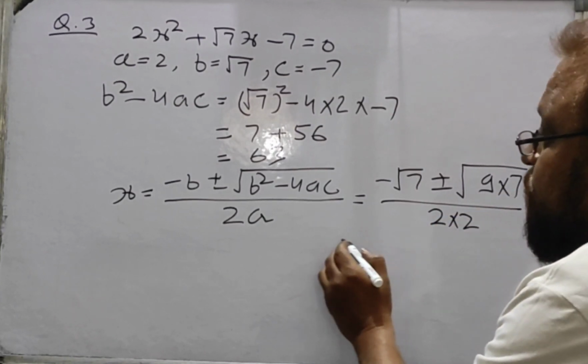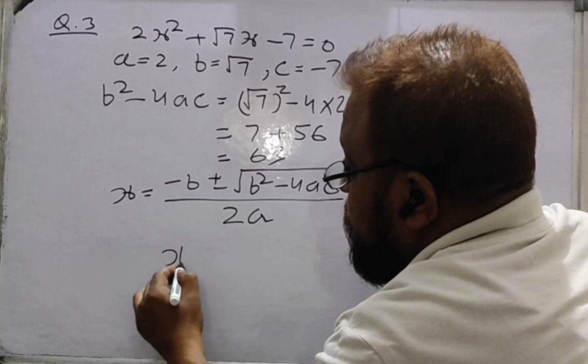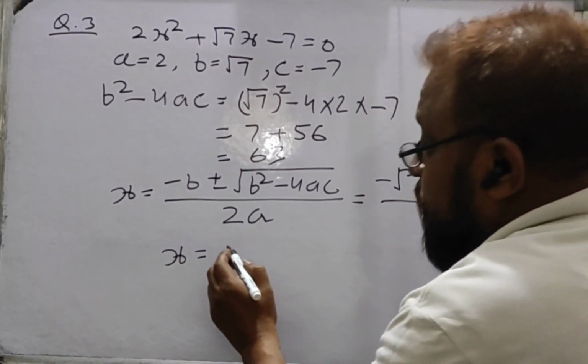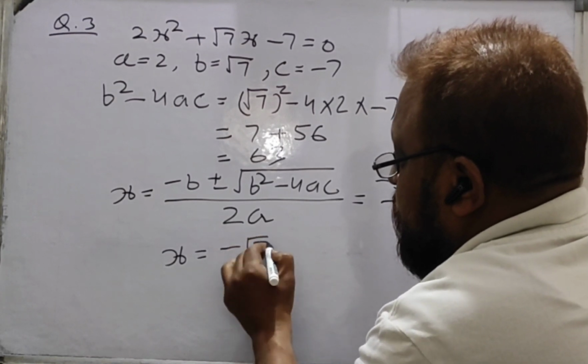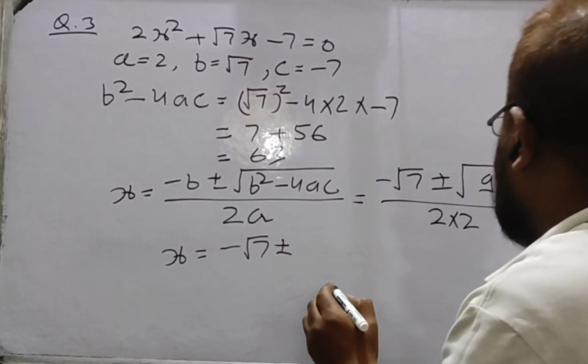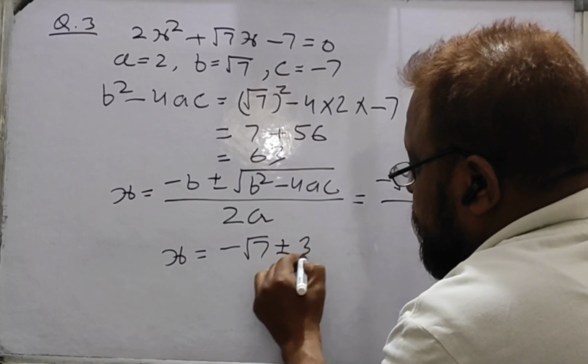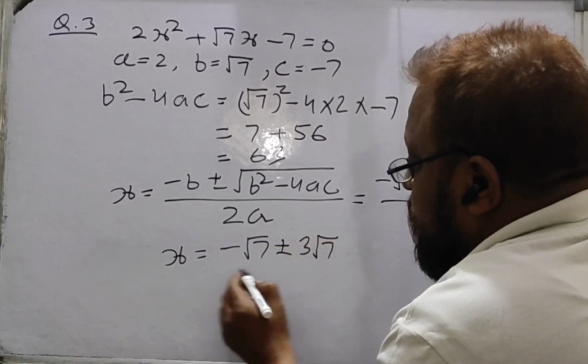So we can write x is equal to minus root 7 plus minus 3 root 7 upon 4.